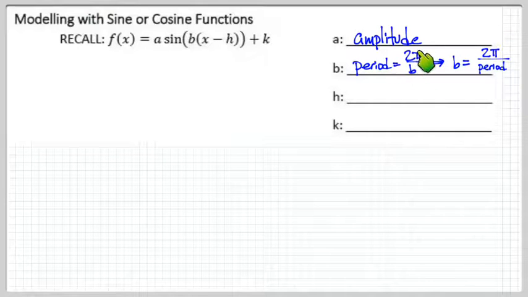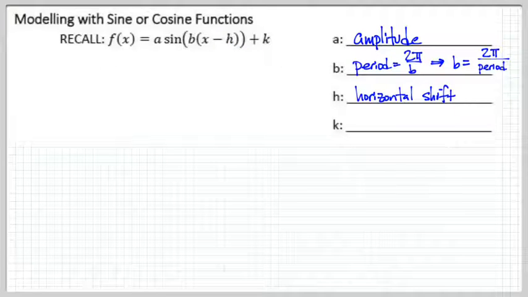The period for a sine function is 2 pi over B, because remember 1 over B is our scale factor. We could solve for B by getting 2 pi divided by the period. H here is our horizontal shift. K is our midline shift, the vertical shift up and down.